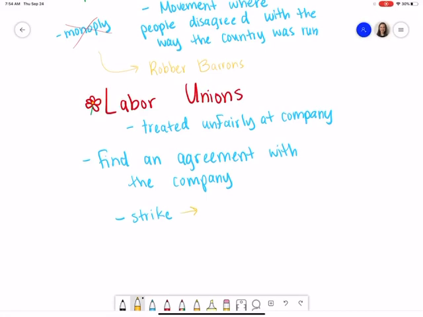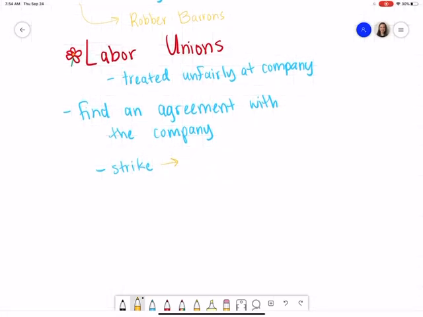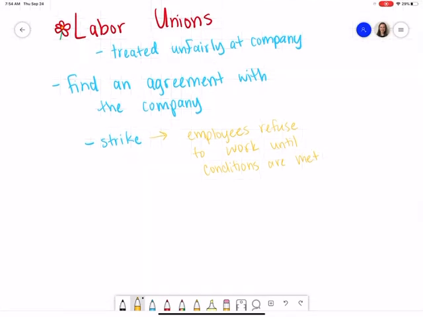A strike is where employees, so the people that work for the company, refuse to work until conditions are met. Okay? And most of the time, this is settled by the company making another compromise. Okay?